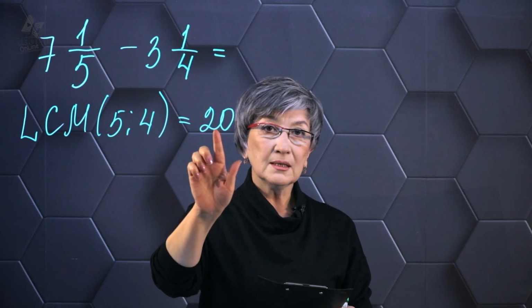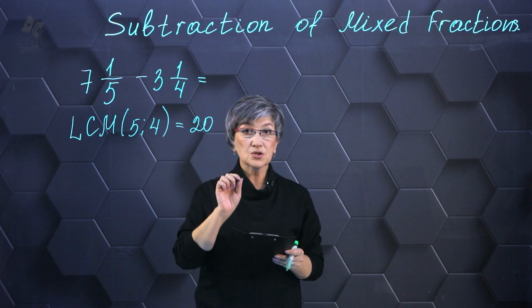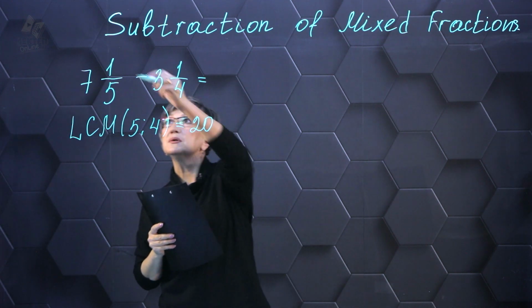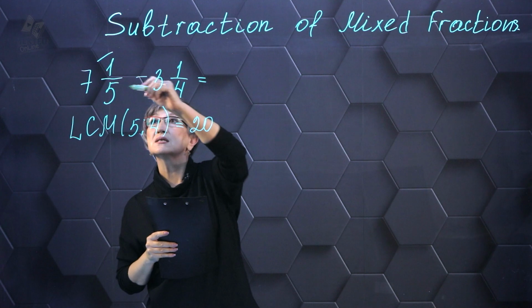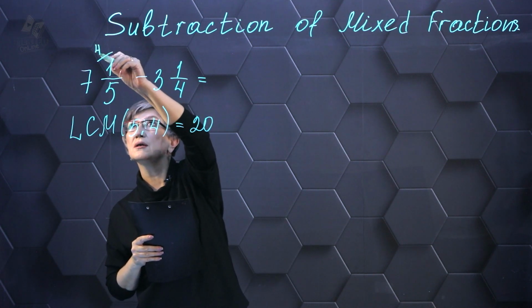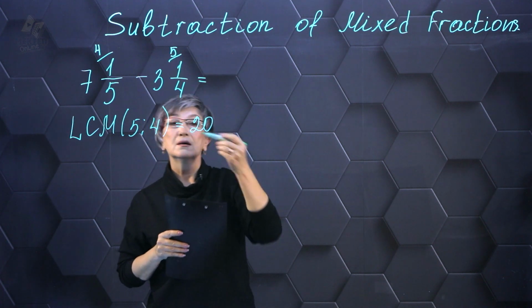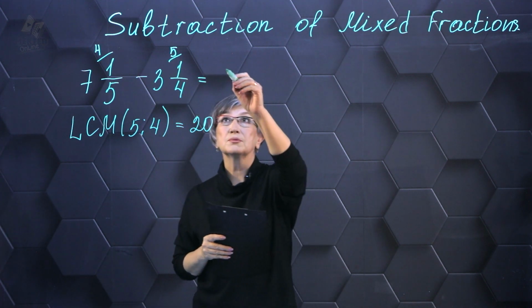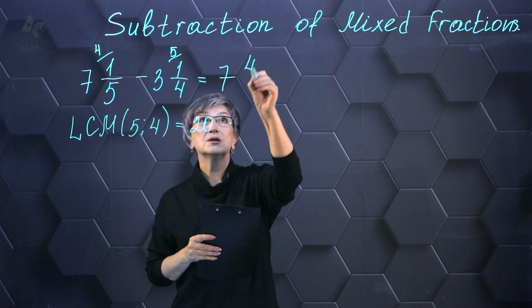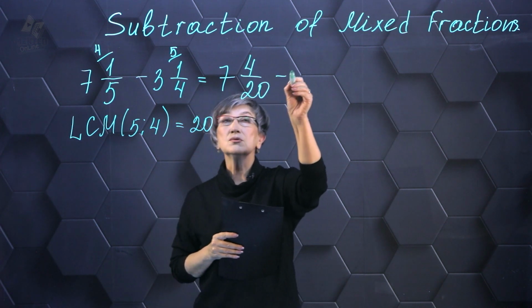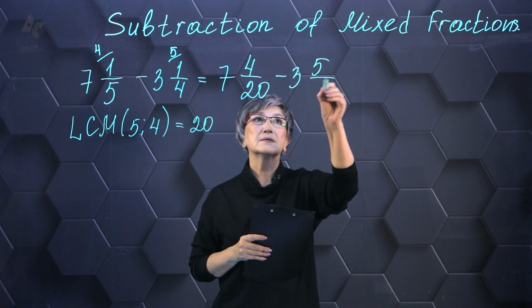So the least common multiple is 20. Then we write down the additional multiplier: 20 divided by 5 is 4, and 20 divided by 4 is 5. The result is what fractional numbers? 7 4/20 minus 3 5/20.